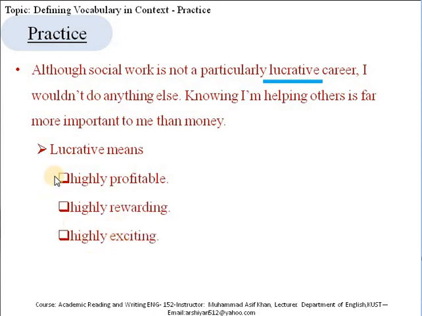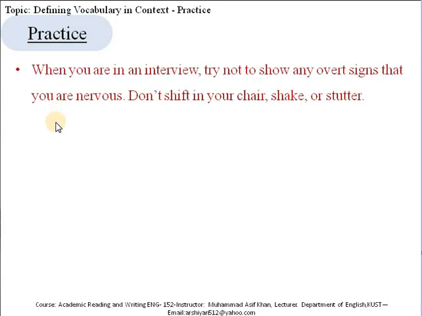This is the first practice, and you have to give the meanings of this word lucrative to me, that what does this word mean. Now read the second short paragraph and try to give me the meanings of this very word, which I am going to show you after the reading. When you are in an interview, try not to show any overt signs that you are nervous.